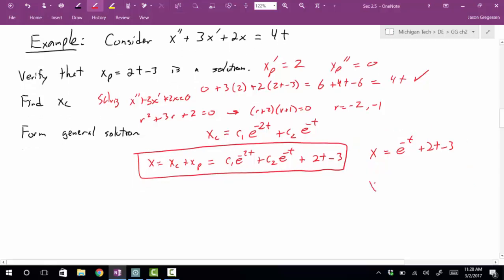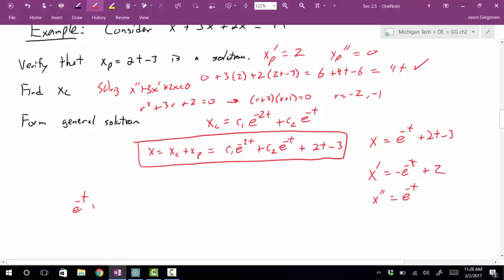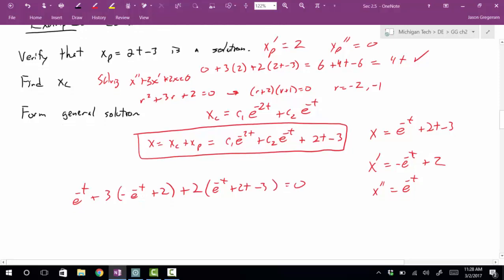Let's verify. x prime is -e to the -t plus 2. x double prime is e to the -t plus 0. Plug all that in. e to the -t plus 3 times (-e to the -t plus 2), plus 2 times (e to the -t plus 2t minus 3) equals 4t.